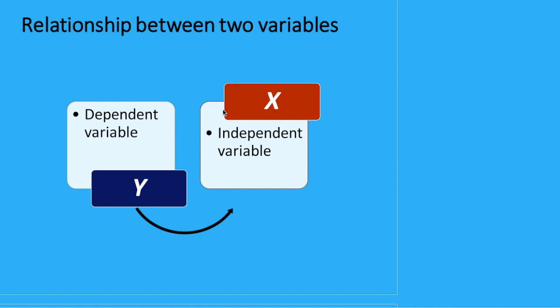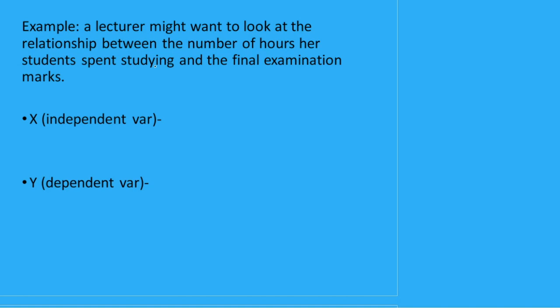Let's discuss a few examples to strengthen our understanding of x and y. In this example, a lecturer might want to look at the relationship between the number of hours her students spend studying and the final examination marks. So in this case, the final examination marks depends on the number of hours her students spend studying.